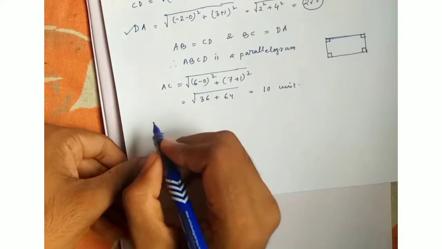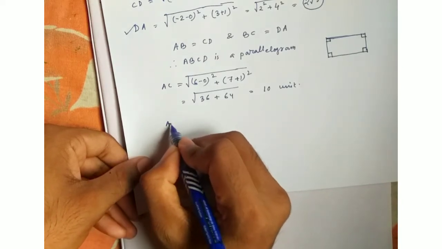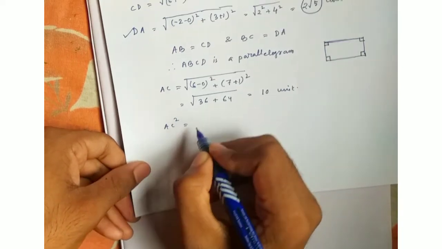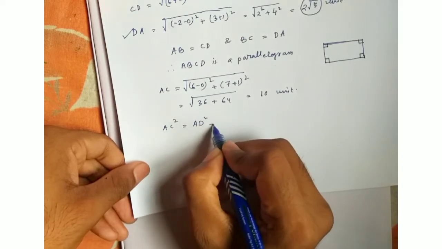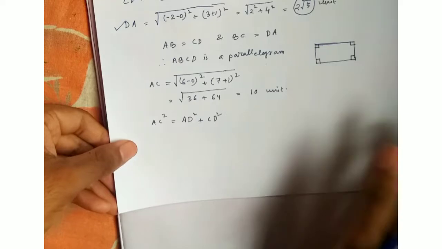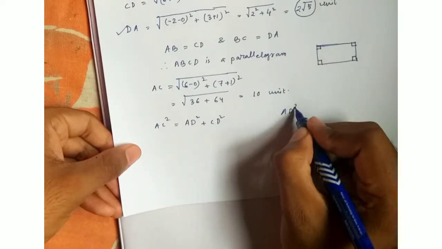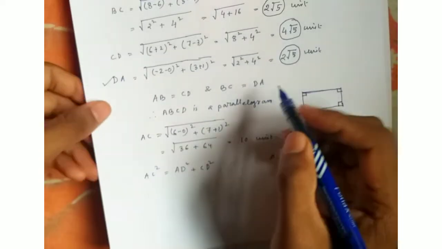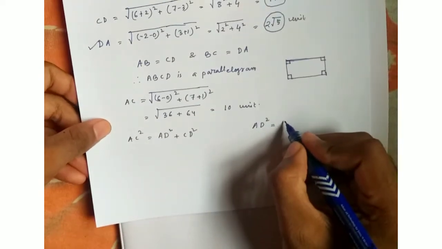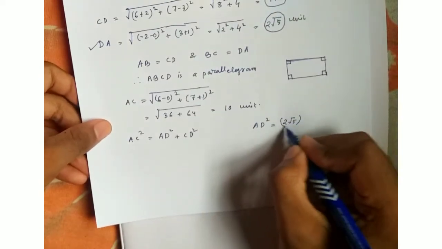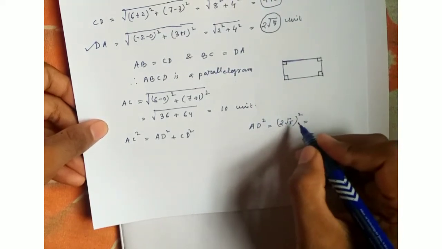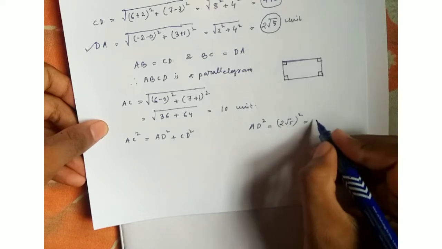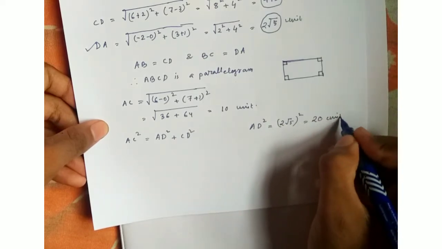So we can say that AC square is equal to AD square plus CD square. AD is 2 root 5 unit, that is 2 root 5 whole square, 2 square 4 into 5, 20 unit square.